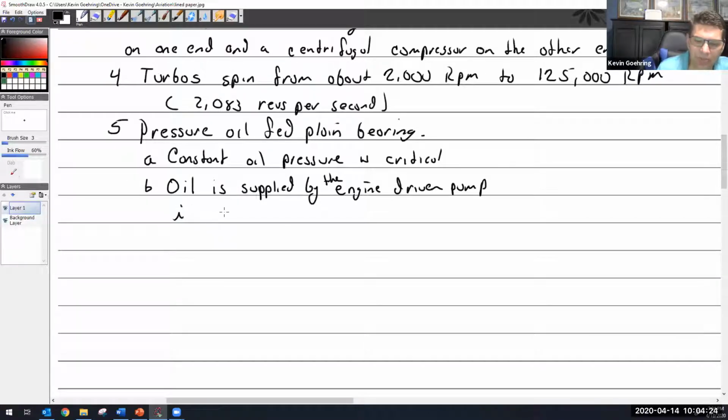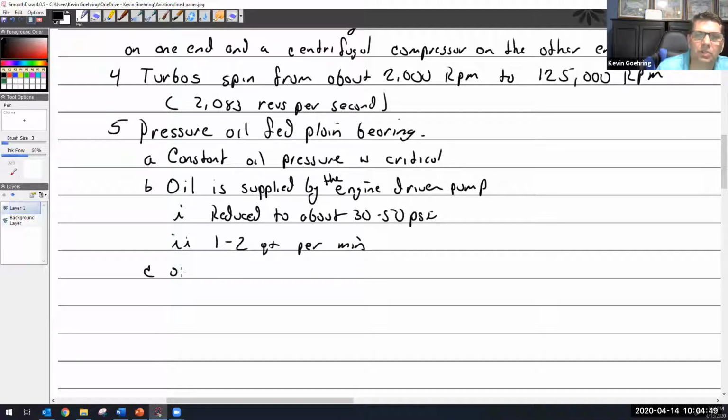The pressure is reduced to about 30 to 50 PSI. So a little bit of a pressure reduction in there. And you're going to run about 1 to 2 quarts per minute flow through there. And then oil may be returned with a scavenge pump.